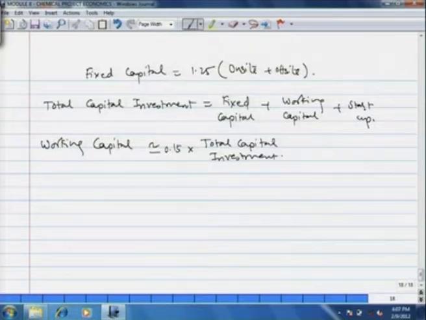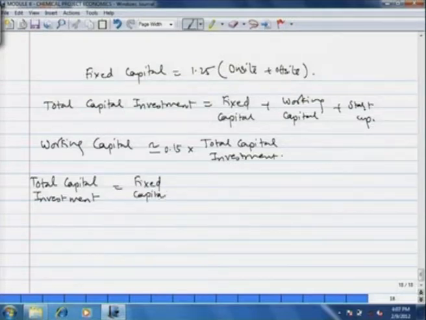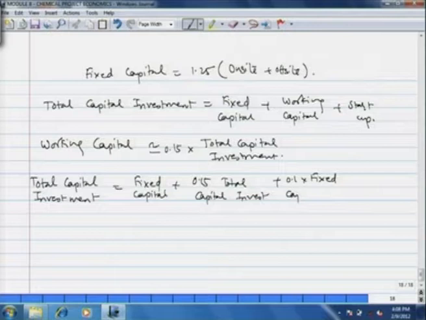Now, if you substitute everything here, then what you get is total capital investment is equal to fixed capital plus 0.15 times total capital investment, that is for working capital, and 0.1 times fixed capital, that is for startup cost.